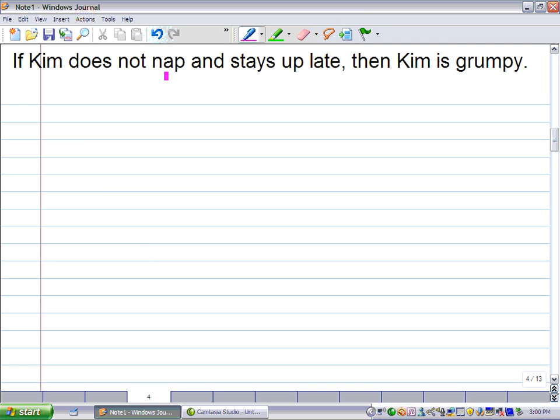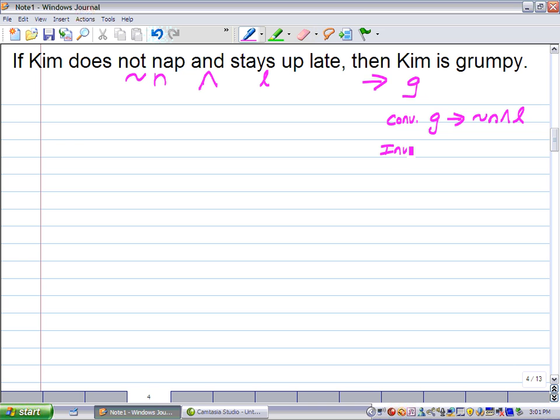Let's say napping is N, so not napping would be not N, and stays up late, so let's call that L, then she's grumpy. So our original is not N and L implies G. So our converse is going to be G implies not N and L.